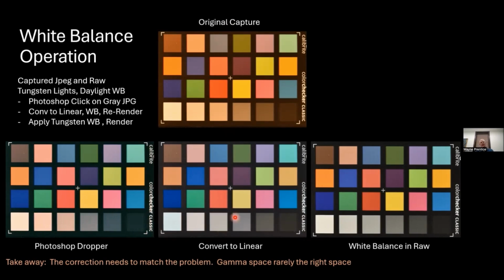If I convert it to linear, I get a pretty well white balanced image. Again, some loss in colors in the transformation going back and forth. And if I do it in RAW, this is exactly the same as doing it in the camera natively. Here's the right answer. So this is an example of how it's common practice to do these kinds of transforms on images in the wrong space. Linear space would be the right answer, and gamma space is not.